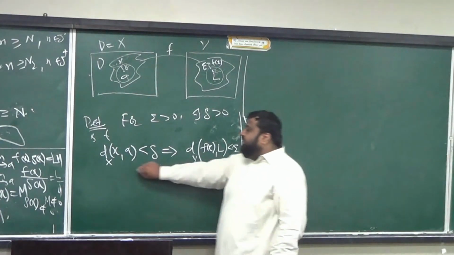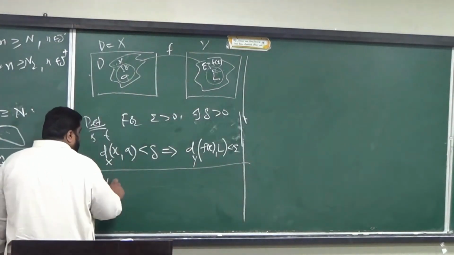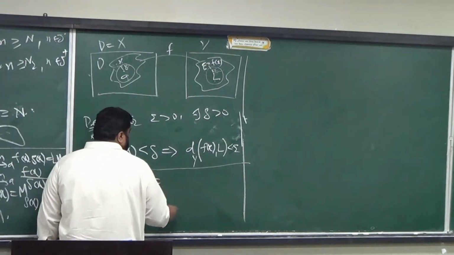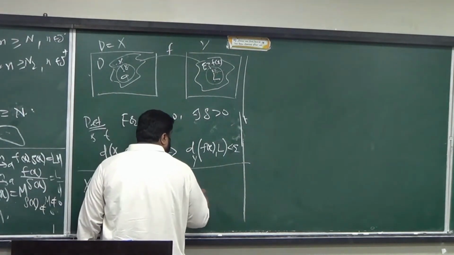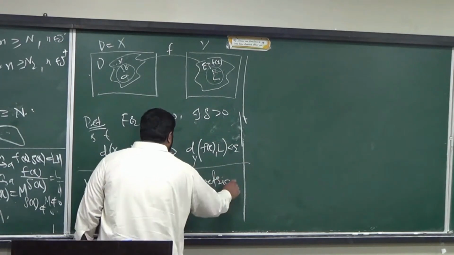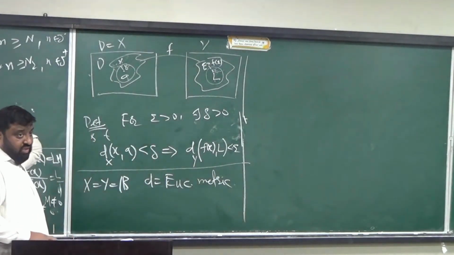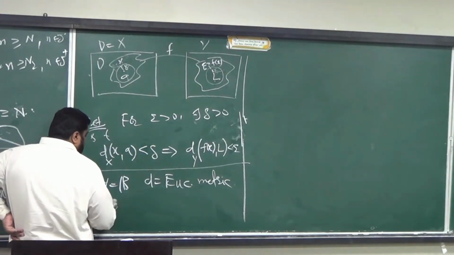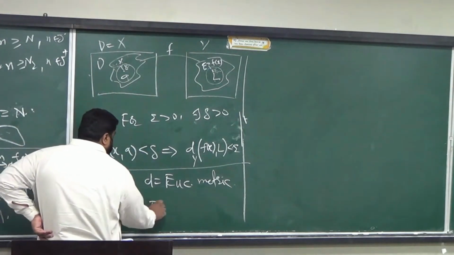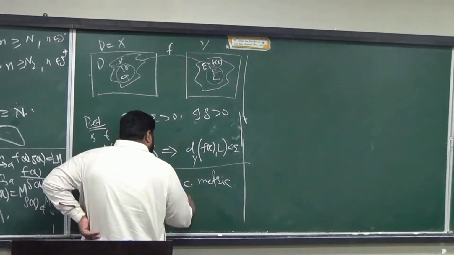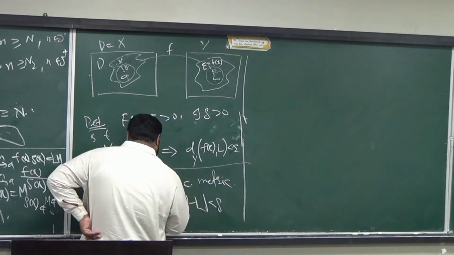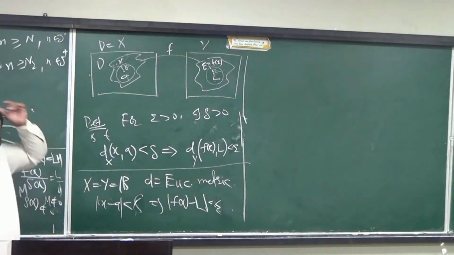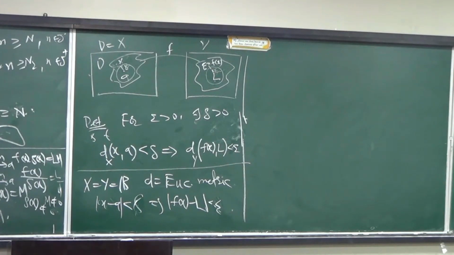So if we take X and Y to be R, and this distance to be the Euclidean metric, then we can translate this into the classical definition: for every epsilon positive we can find a delta such that |x minus a| less than delta implies |f of x minus L| less than epsilon.